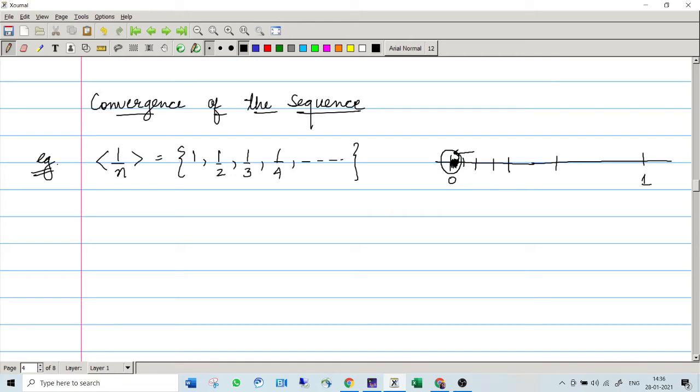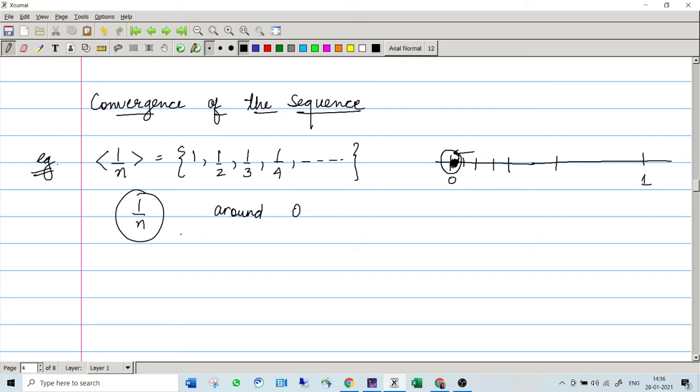how can you see that a sequence is convergent? Whenever you can see that the terms of the sequence are forming a cluster around a point, in such a case we call a sequence to be convergent. So you can see right now that 1 upon n, these terms are forming a cluster around what point? Around the point 0.